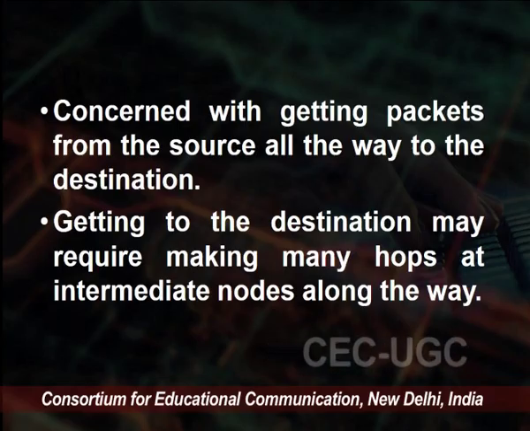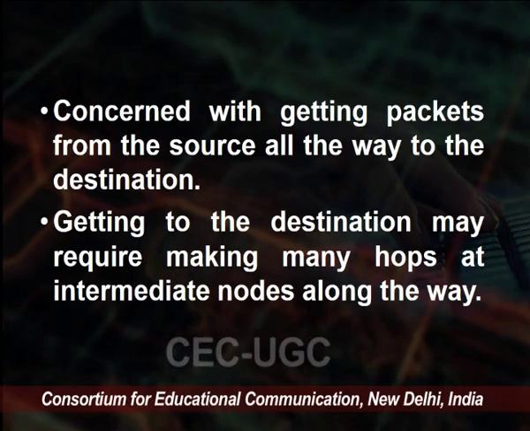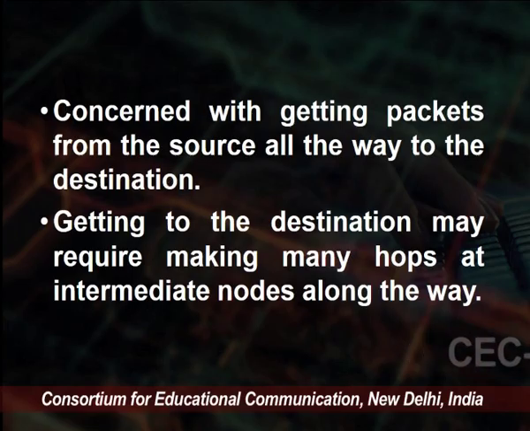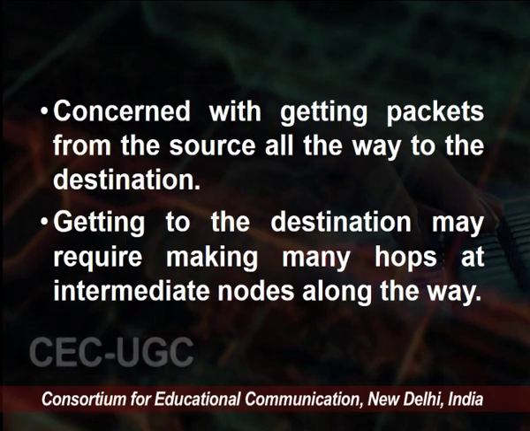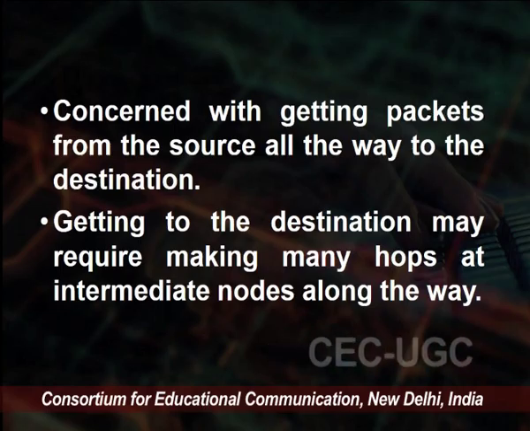Getting to the destination may require making many hops at all the intermediate nodes along the way, and looking into those functionalities is the responsibility of the network layer. So when I say end-to-end delivery, this is the first layer that deals with it.